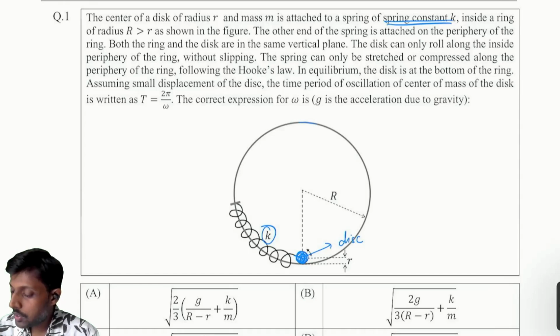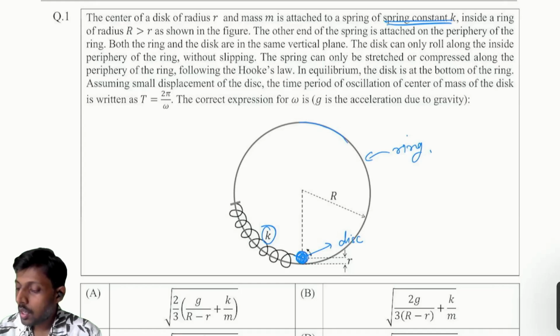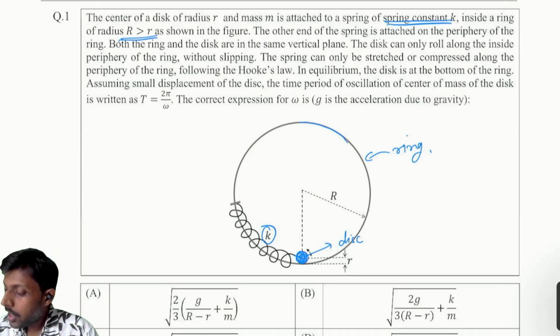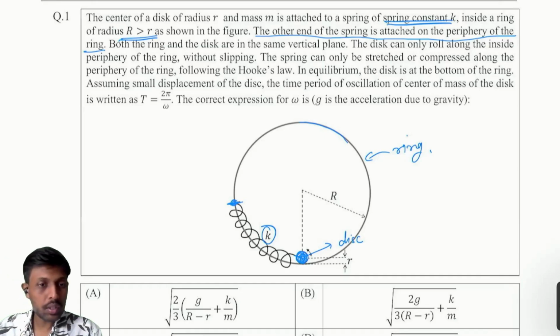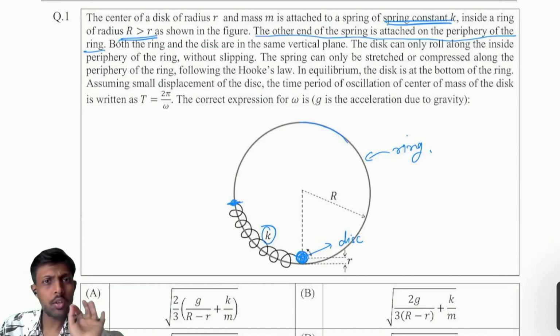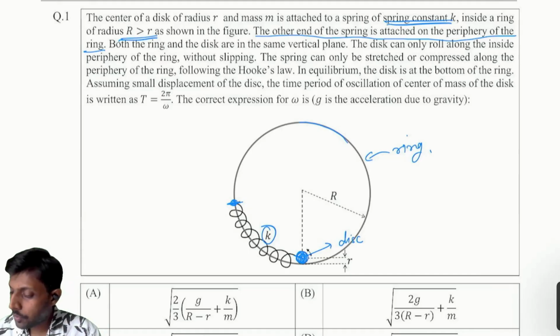Now this big circle that you see, this is your ring, and its radius is capital R, which is of course bigger than the radius of the disk. The other end of the spring is attached to the periphery of the ring, one point on the circumference of the ring. Fine.